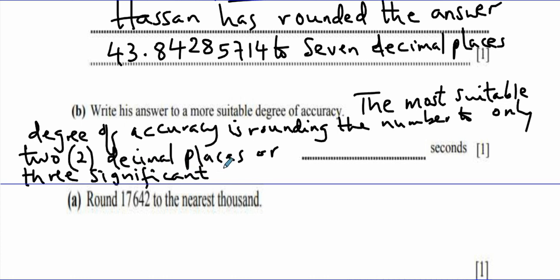Always, if there is no instruction and the instruction is silent, you just leave your answer to an accuracy of 2 decimal places or 3 significant figures. Either way, whether 2 decimal places or 3 significant figures, that is the best.